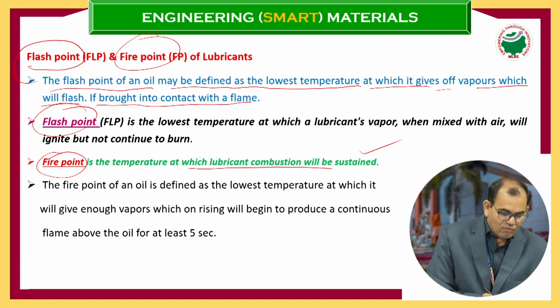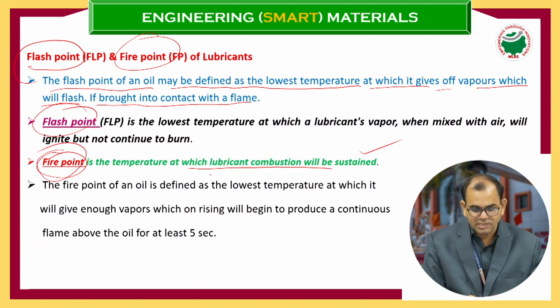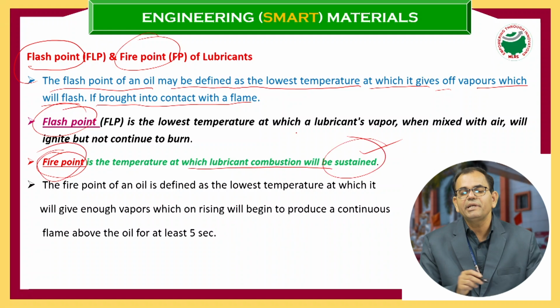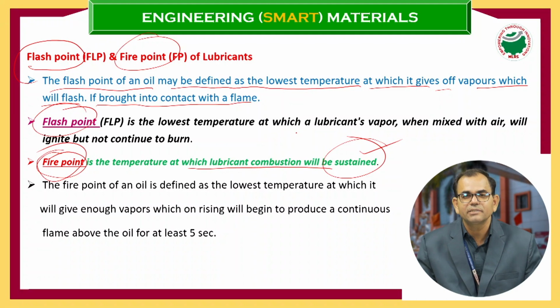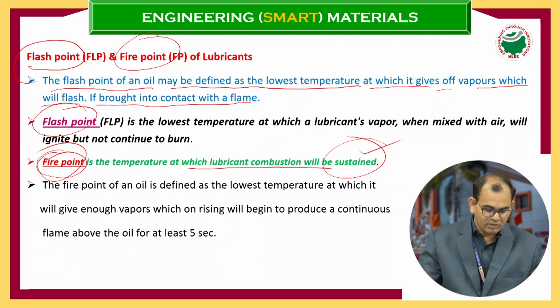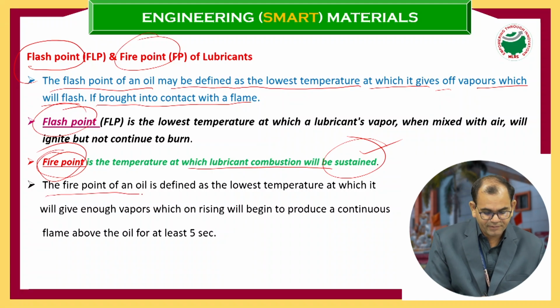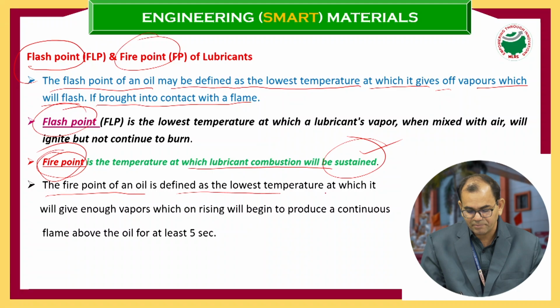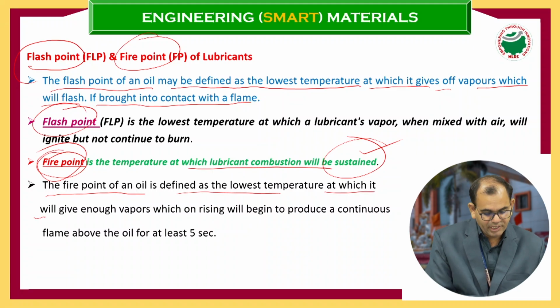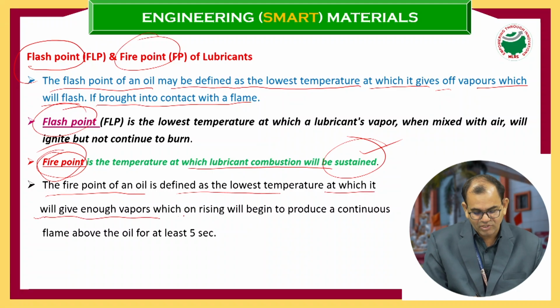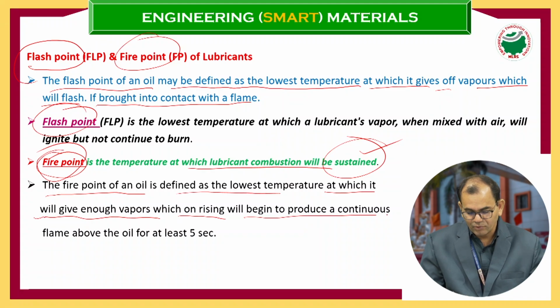So here fire point is telling us the sustainability of our lubricant at prolonged usage. These are the properties. The fire point of an oil is defined as the lowest temperature at which it will give enough vapors which on rising will begin to produce a continuous flame above the oil for at least 5 seconds.